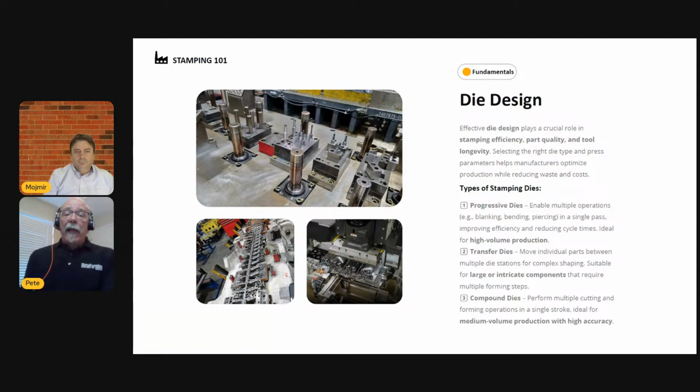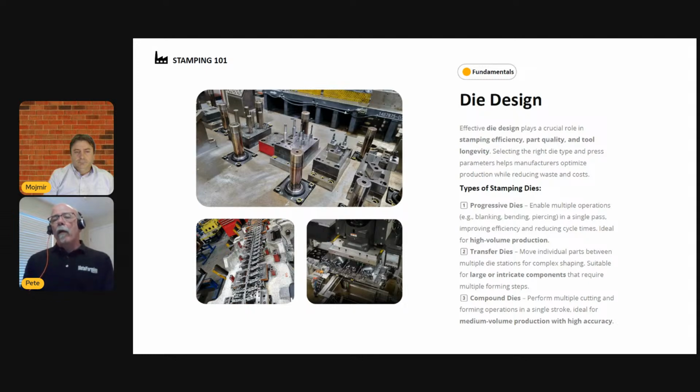So now we've got a little bit of understanding of the different processes: cutting, bending, forming, and drawing, and the roughly different materials. We know materials are different and they have different behavior characteristics.